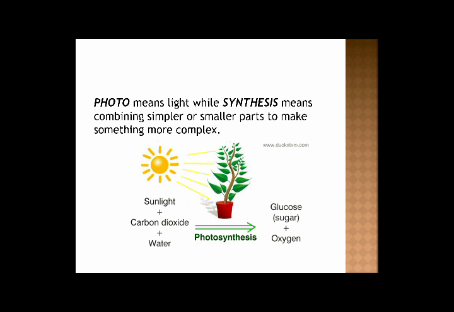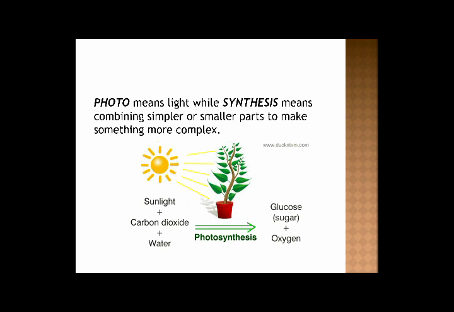Here you can see the reaction in front of you along with the picture on the screen, and the same picture is also present in your book on page number 54. Here you can see that sunlight plus carbon dioxide plus water. These are the 3 things which are required by the plant for photosynthesis.